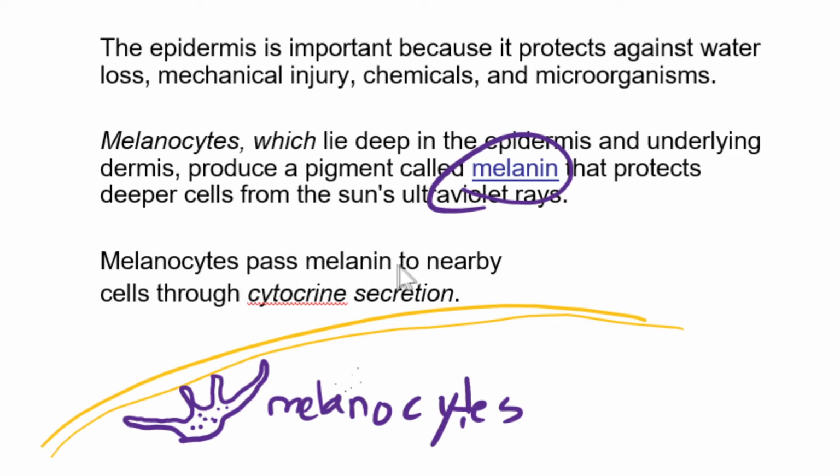Melanocytes pass melanin to nearby cells, so it passes these little droplets of melanin to different areas. Now, some of us may have many more melanin granules in there. Generally, we have about the same number of melanocytes, whether you're pasty white or really dark black.